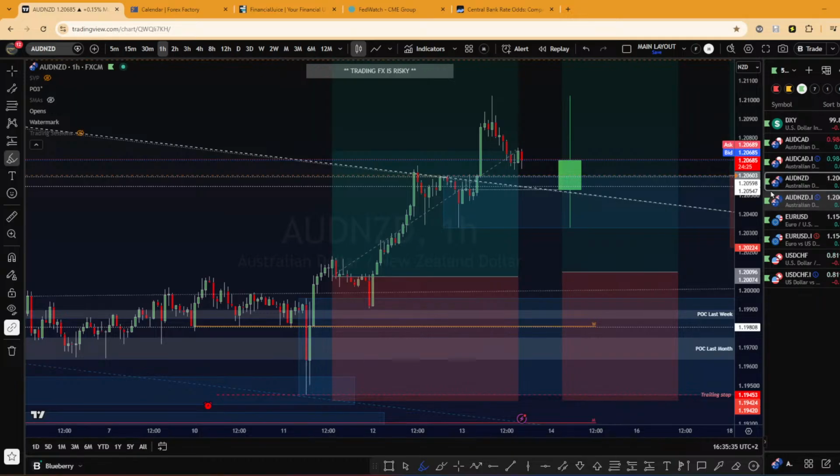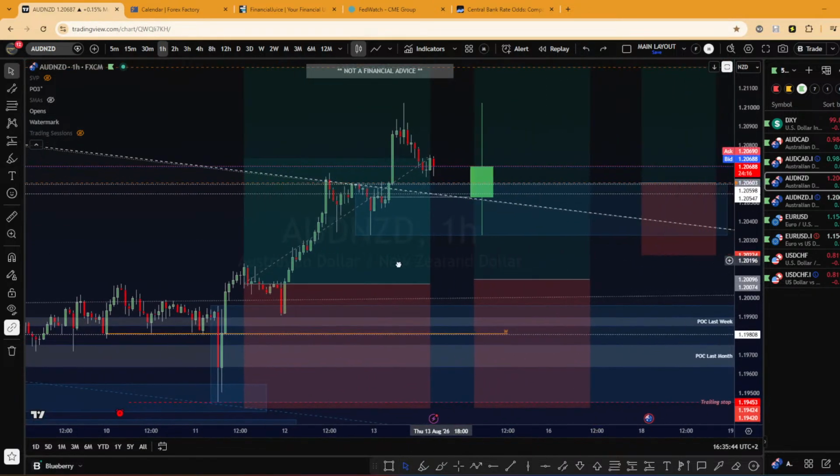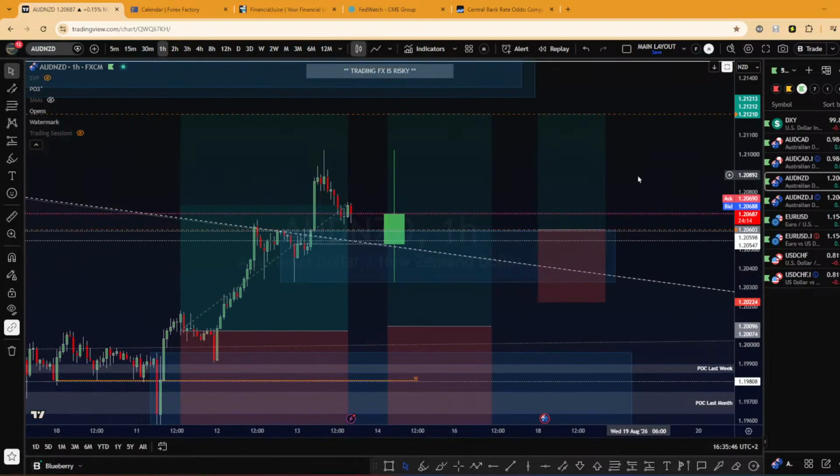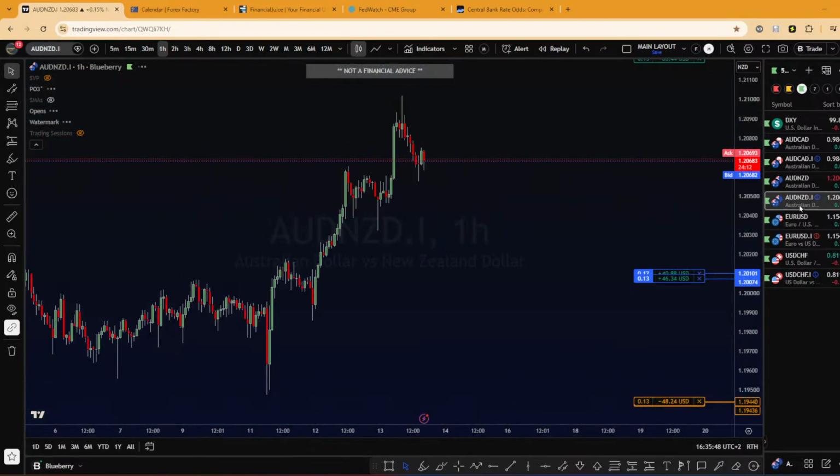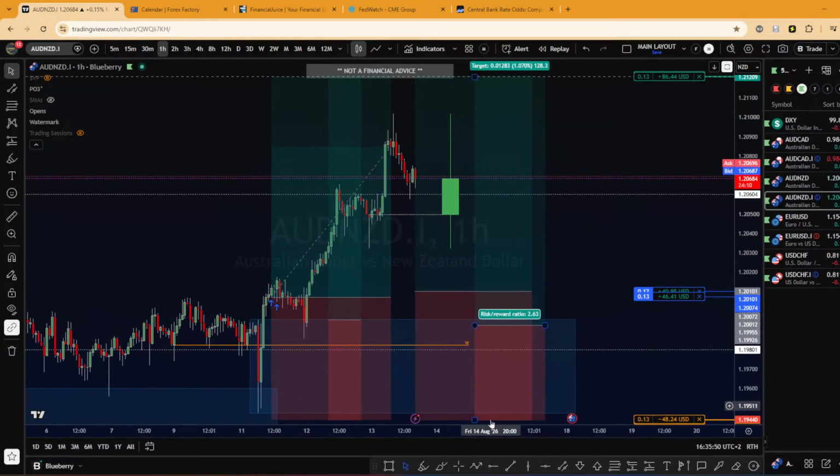USDCAD, NZD. Maybe we could have another retest here before entering another position. We mark up here.